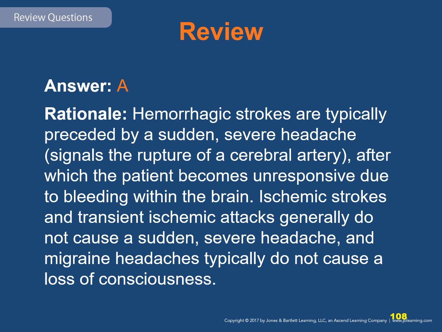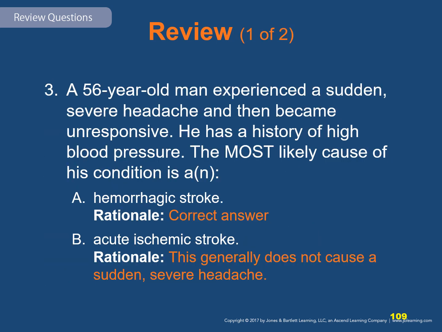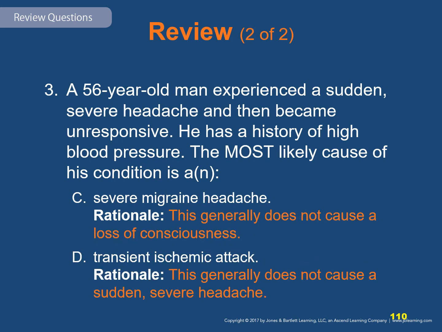So let's look at the other answers. B, acute ischemic stroke. We just talked about this in reviewing the correct answer. Acute ischemic stroke most of the time does not cause a sudden severe headache. Letter C, sudden severe headache followed by unresponsiveness is C, severe migraine headache.